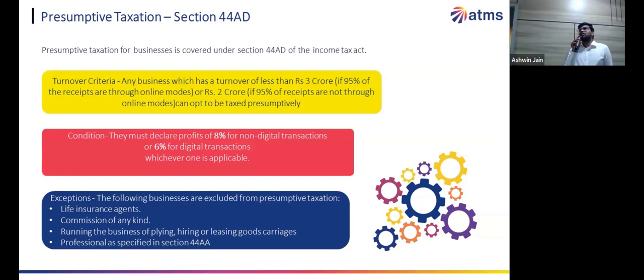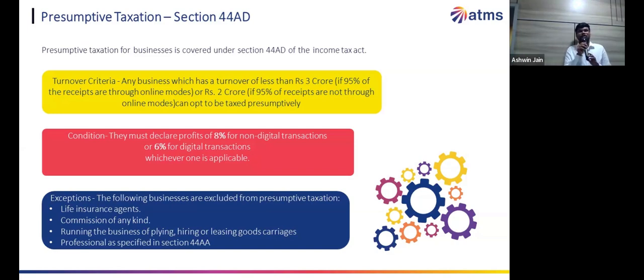For receipts other than through banking channels, you have to declare at least 8% of your profit to go for the presumptive taxation scheme. In simple terms, suppose my turnover is 1.5 crore, and for example 1 crore is through banking channels, I can go for 6%. 50 lakh is other than banking channel, I can go for 8%.